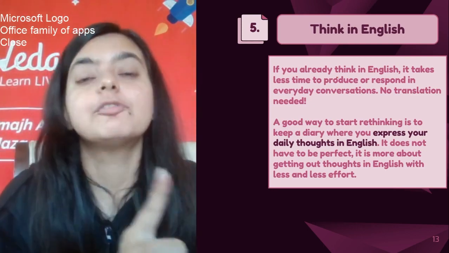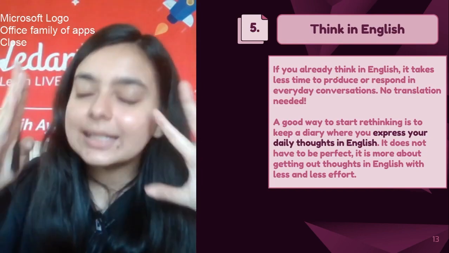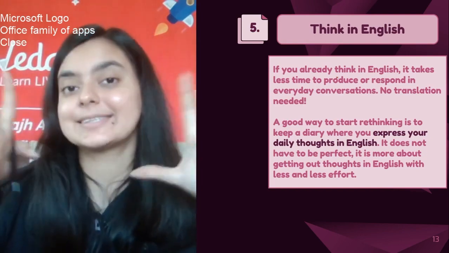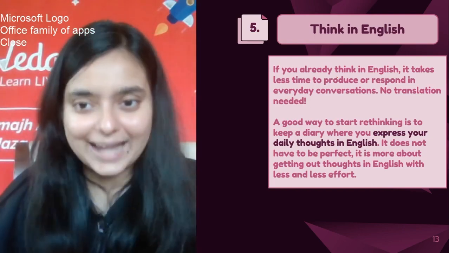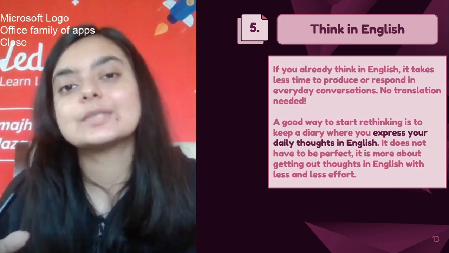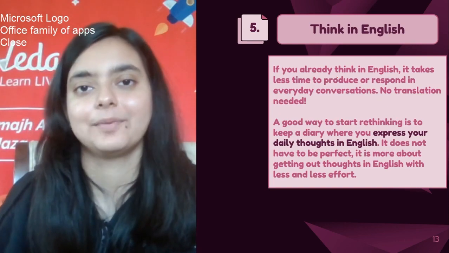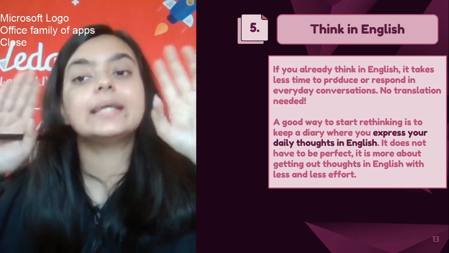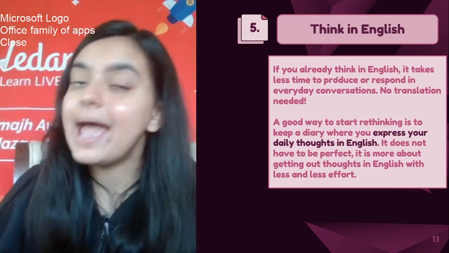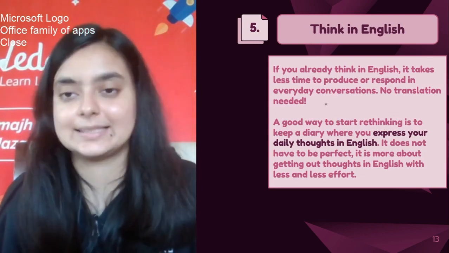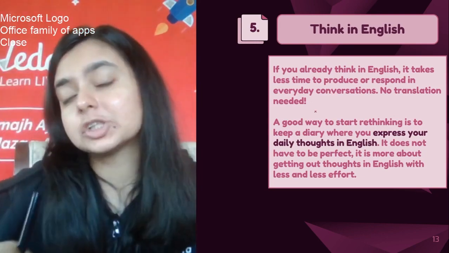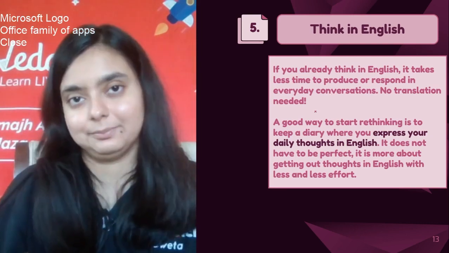That is where the entire fluency is gone. The translation process takes place. Our brain takes time to translate. It's not that easy, right? So this is where we go wrong, and that is why we lose our fluency, right? So it's very important to think in English, and then it takes less time. So when you listen to English, you automatically start thinking.